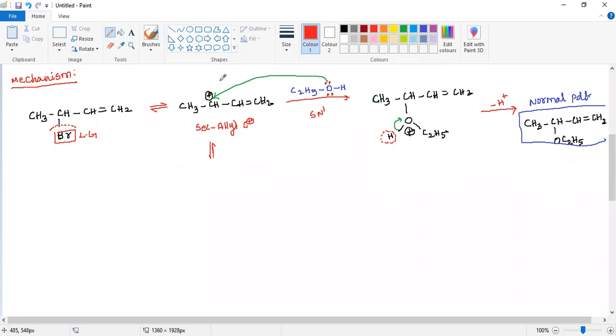See, CH3 CH; if it moves to the last one, the unsaturation should move here: double bond CH and CH2. Now the carbocation is here. What do we call this? Primary allyl carbocation.